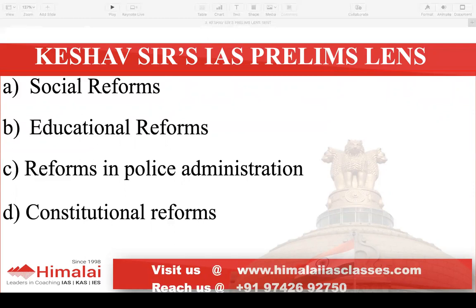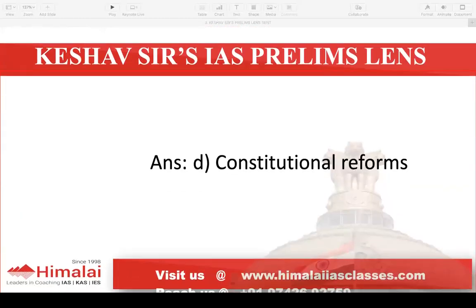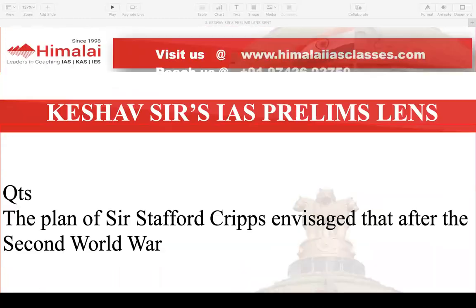It talks about jurisdiction of powers between centre and provinces. It talks about bicameralism, direct elections to provinces. It has nothing to do with social reforms, education reforms, and police administration. So here the answer is option D.